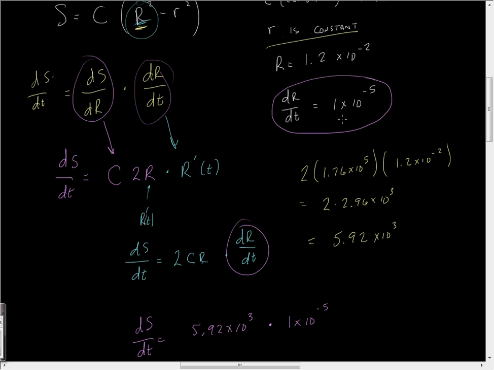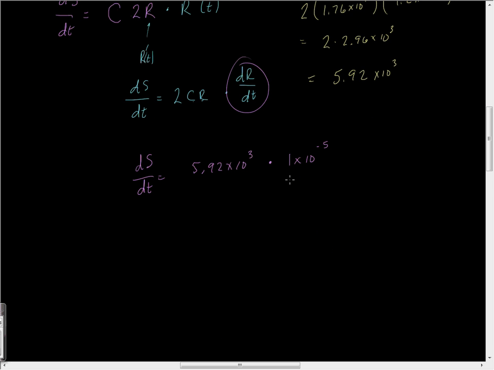We simply multiply the 1 and the 5.92, so ds/dt is equal to 5.92 times 10 to the third times 10 to the negative 5.